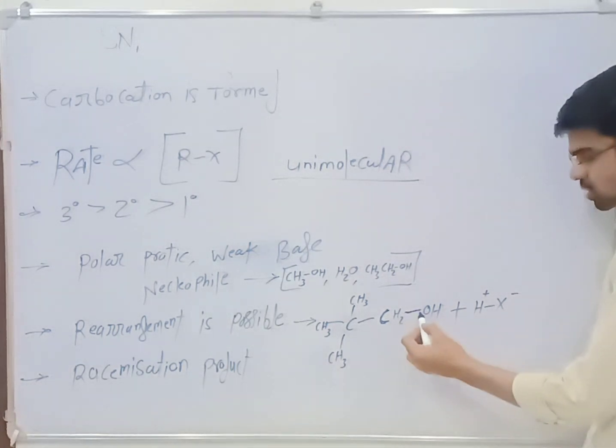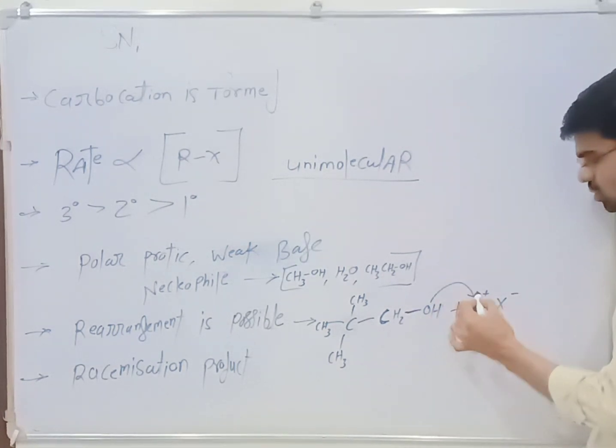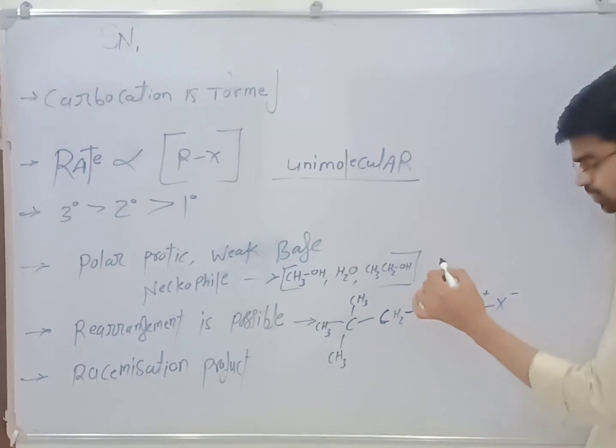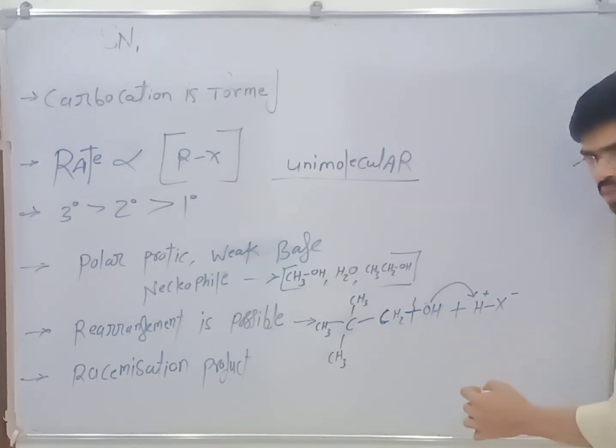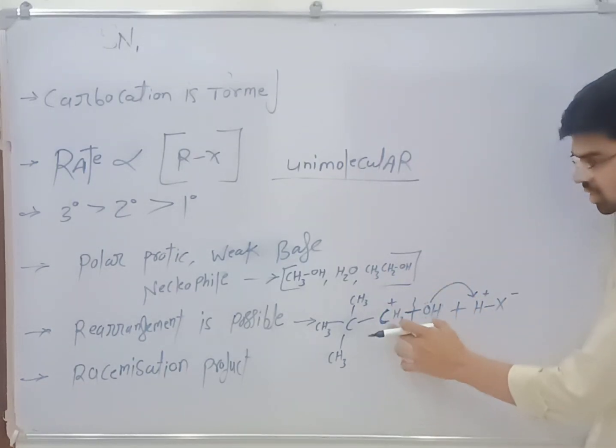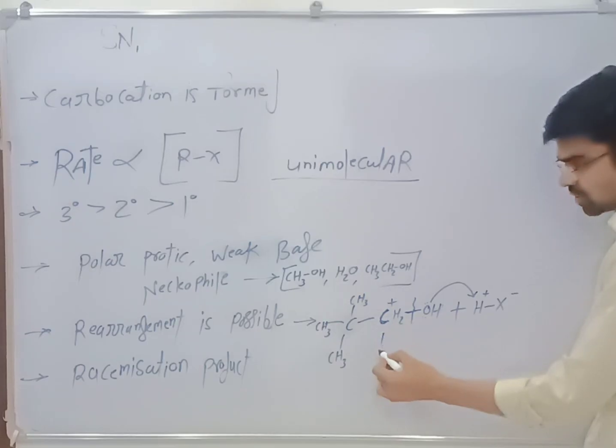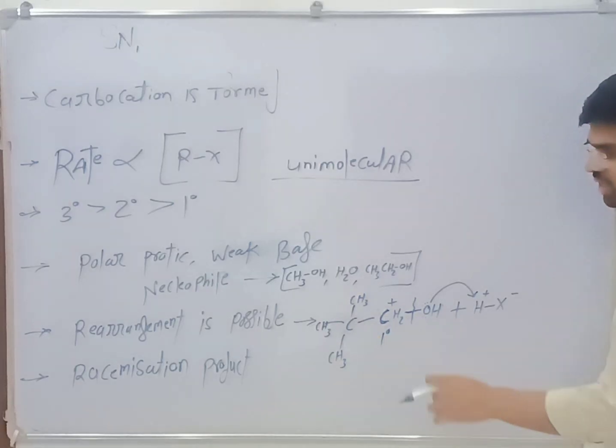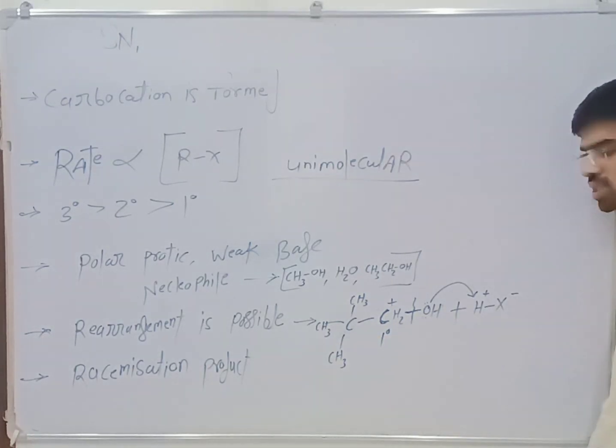The OH will donate its electron to this oxygen and it will get separated from here. Positive charge will develop here, so a carbocation forms on the 1 degree carbon. That 1 degree carbocation is unstable. So what will happen here?